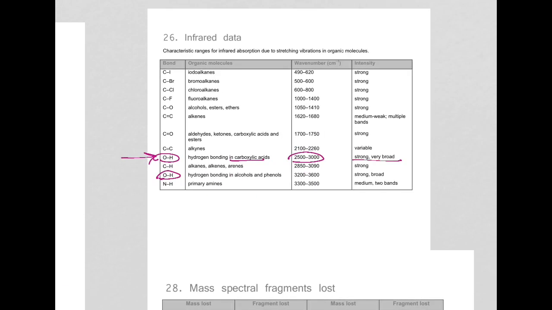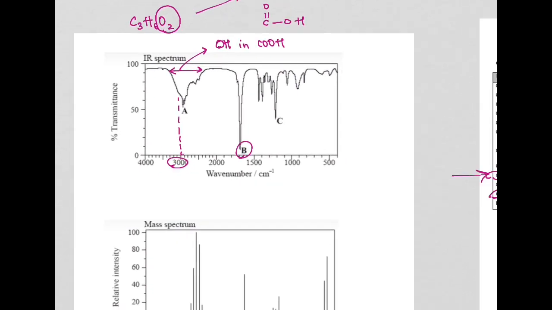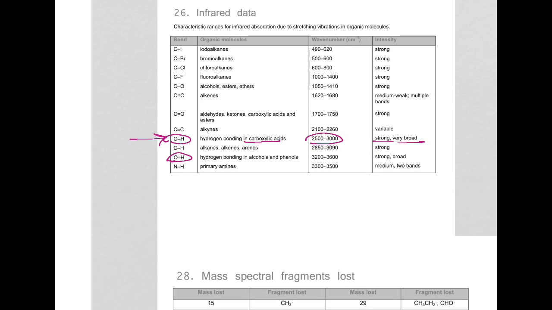So strong, very broad. And then we have this peak here, which is at around 1700 centimeter minus 1. And this is the C double bond O stretching here.